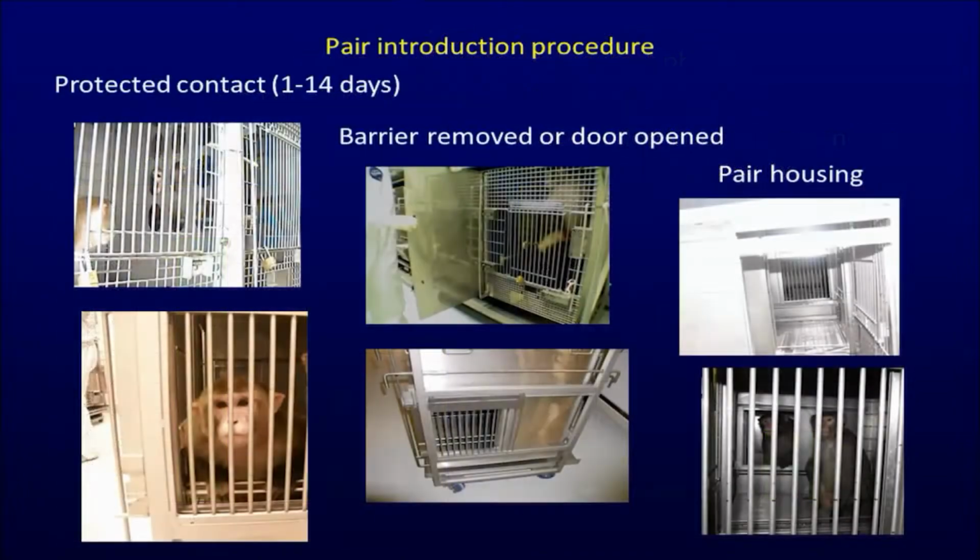I'm going to go quickly through the pair introduction process. Every facility has different methods. I'm going to talk a little bit about that in a minute. But I'm just going to walk you through what we do and what is a fairly common general methodology. So the first step in pairing rhesus macaques is often to put them in protected contact, it's called, or partial contact, or grooming contact.